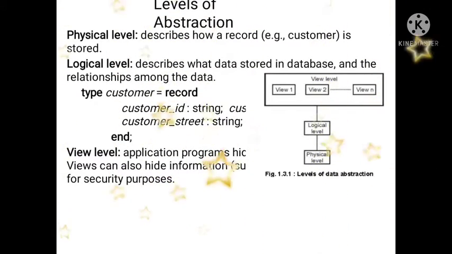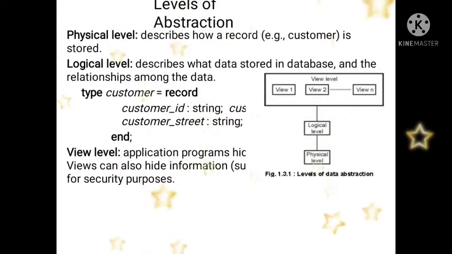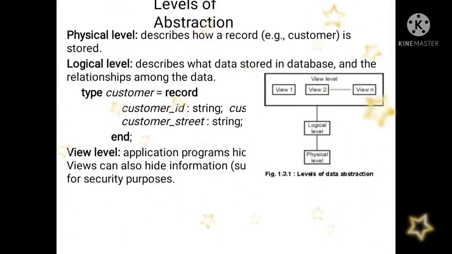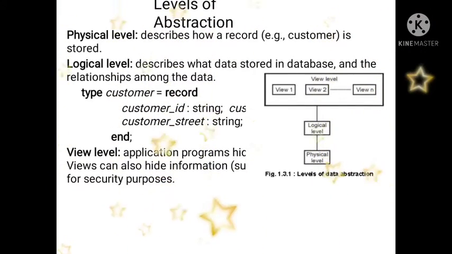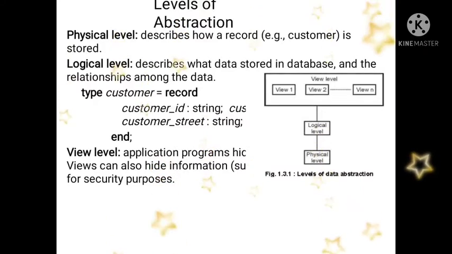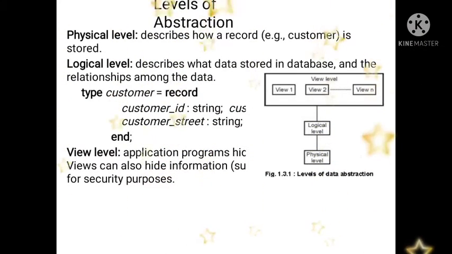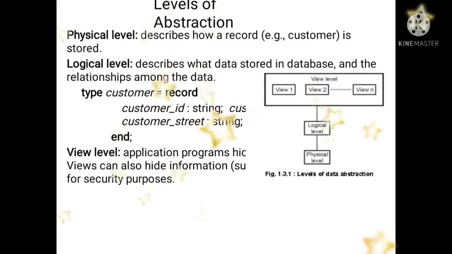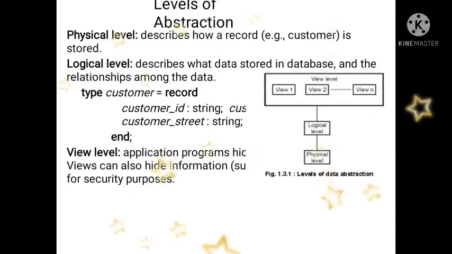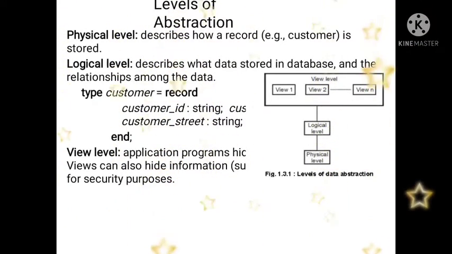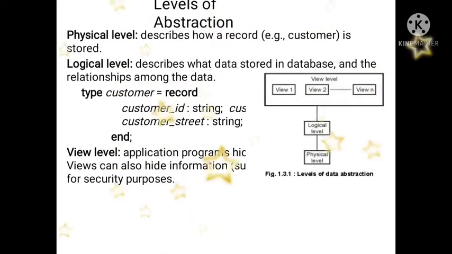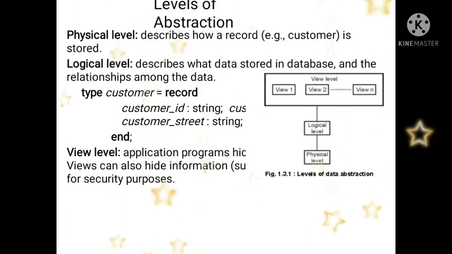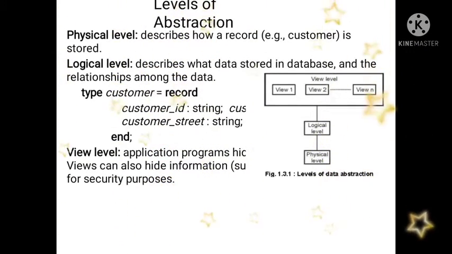In the logical level, how the data are stored in a database, what type of data types and what the size is are contained. In the physical level, it describes how the records, that is the values we are setting to the records, are stored. The user can only see the view level. This is how the data are stored in a database.